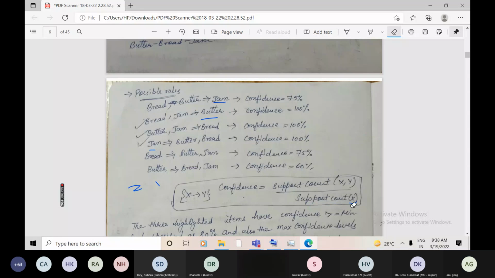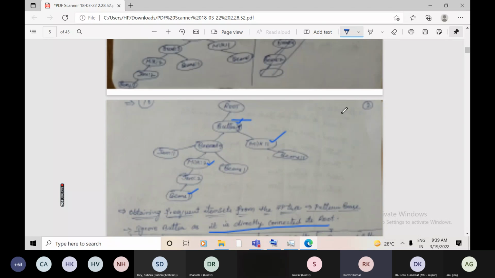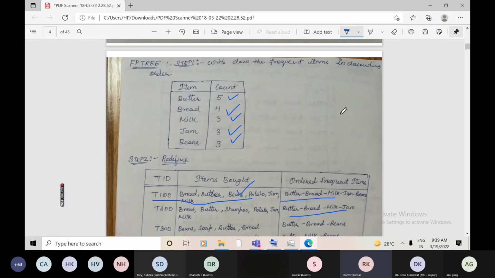Anu, in the beginning, we get the count of each individual item. So in that, if the support count is the same for 3 items like milk, jam, and bean, for all these 3, it's the same. Which will come first and which will be the next one? Do you have any idea? That was a question, okay.